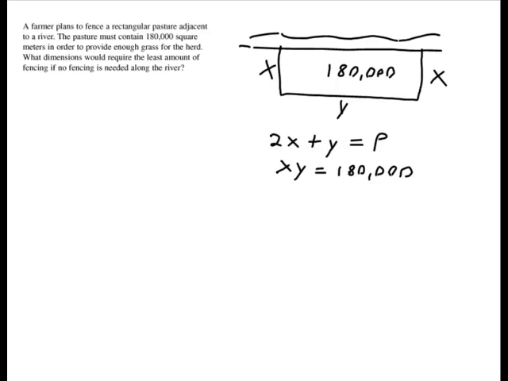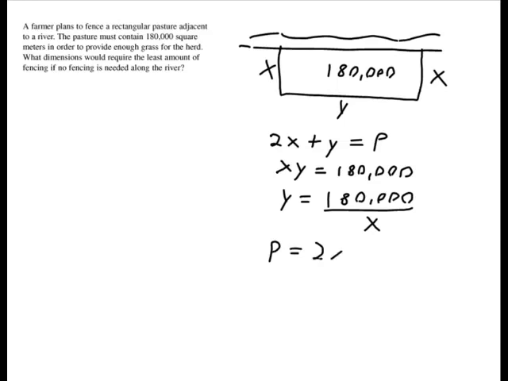If we take our second equation for area and isolate for y, we can plug it into the first equation and have the perimeter in terms of x. So if we just take xy equals 180,000, divide by x, we get y equals 180,000 over x. So then we can plug that into our perimeter equation.